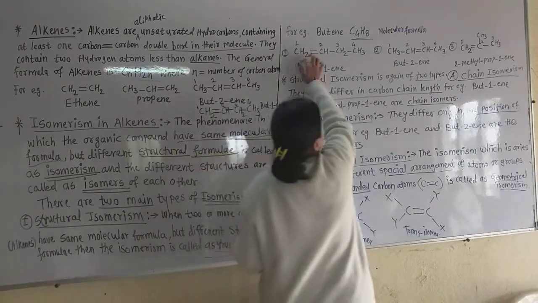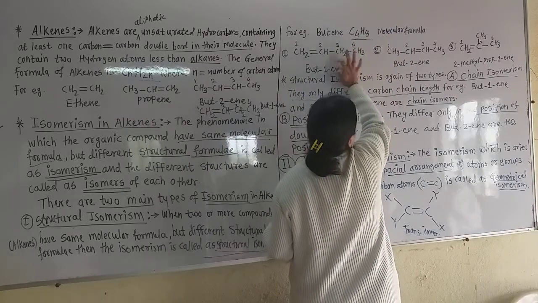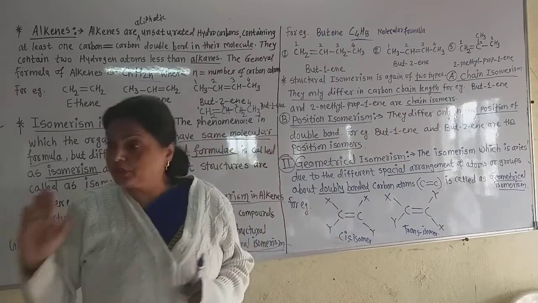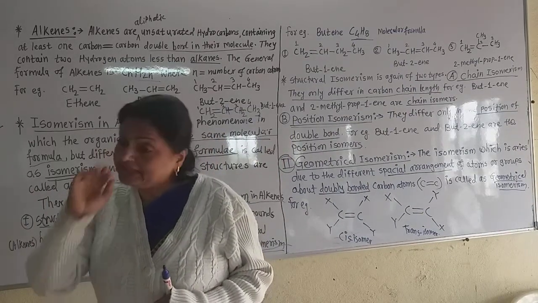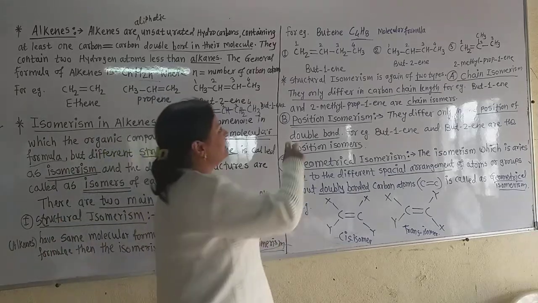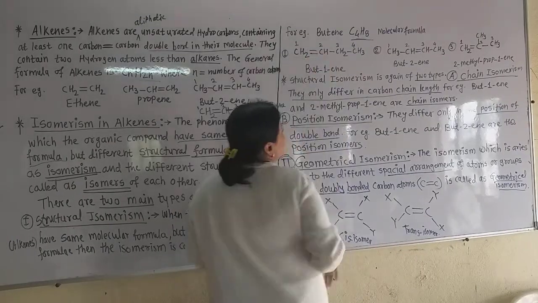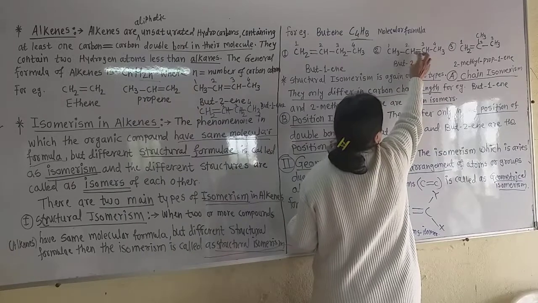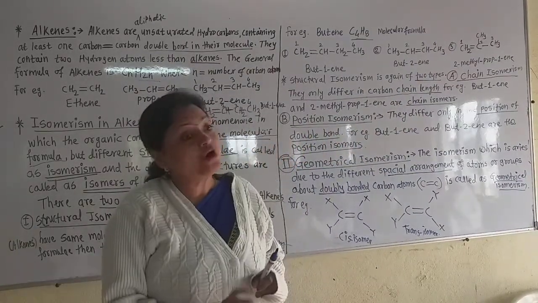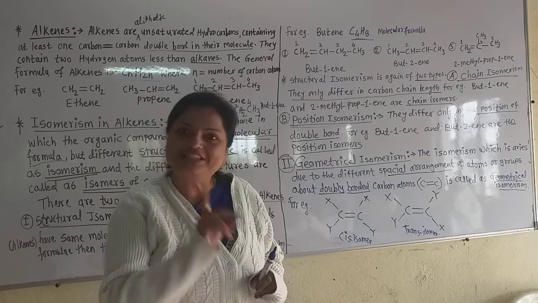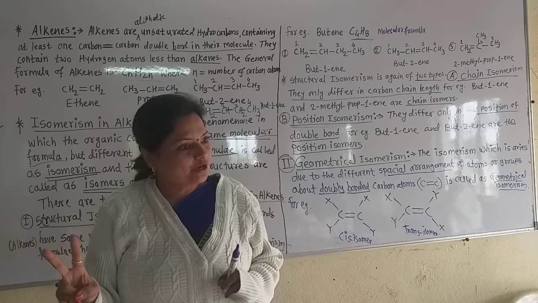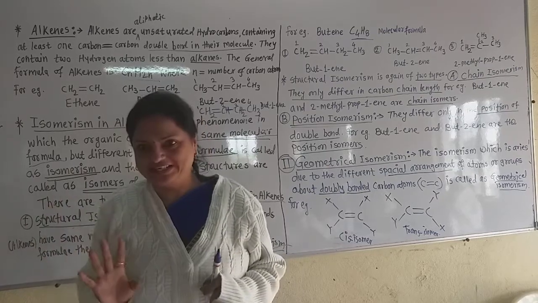Both have the molecular formula C4H8. Both contain 4 carbons and 8 hydrogens, so their molecular formula is the same. But they differ only in the position of the double bond. The first contains the double bond at the first carbon and the second has the double bond on the second carbon atom. So only the position of the double bond is changed. So structures 1 and 2 are examples of position isomerism.